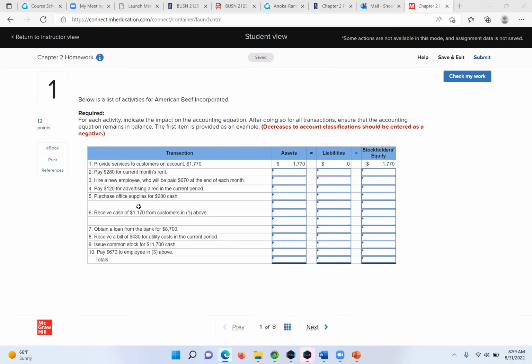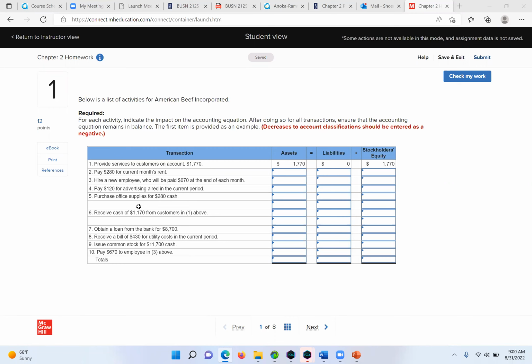Who wants to take number 2? I will. You pay $390 for the current month rent. And so you have assets of $390, and I think you have liability.